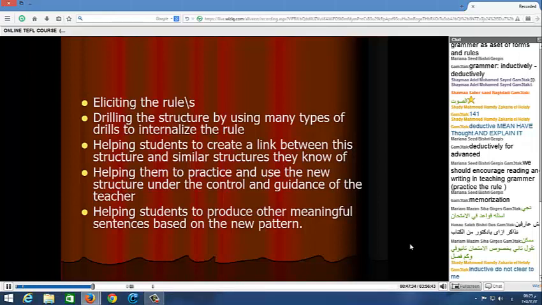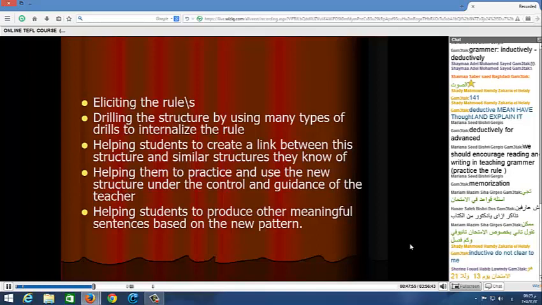طيب الحقيقة في زميلكم شادي شافهم بيشوفوا الرسائل. مش فاهم الفرق بين inductive and deductive. أنا قلت inductive. Deductive, this is a traditional way of teaching grammar where we used to start by presenting the rule underlying the grammatical pattern we are presenting.